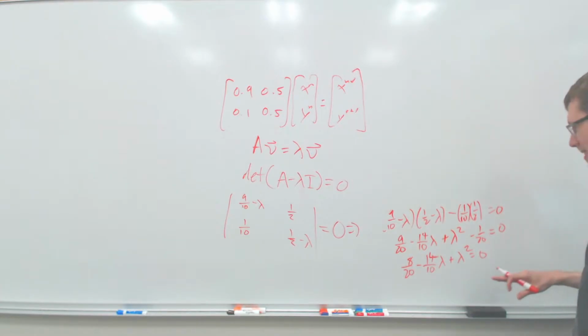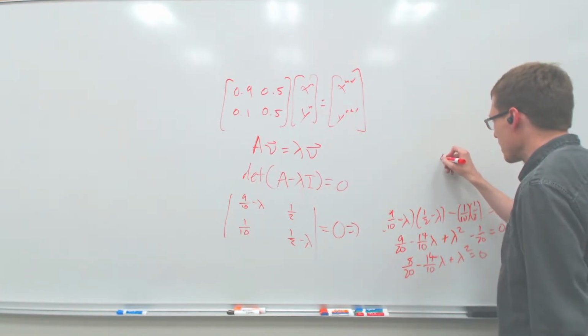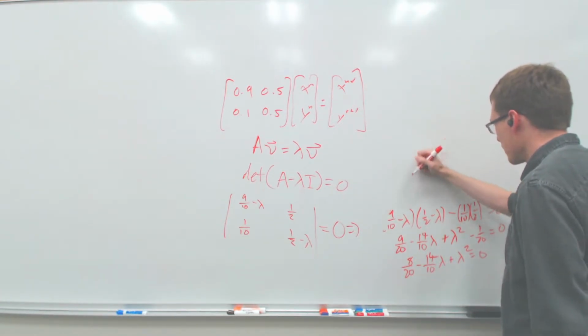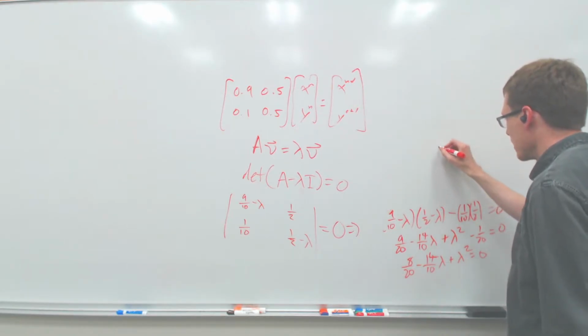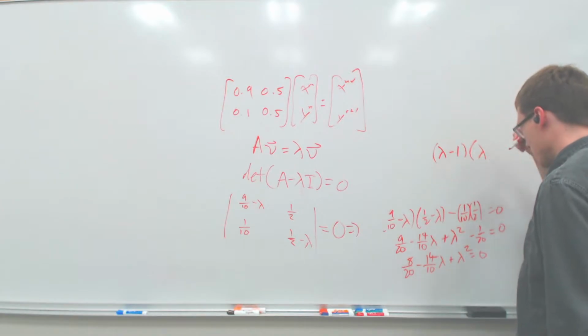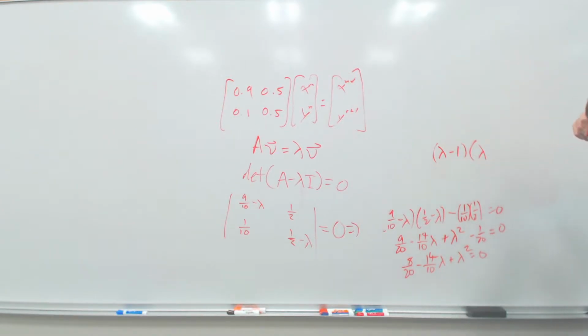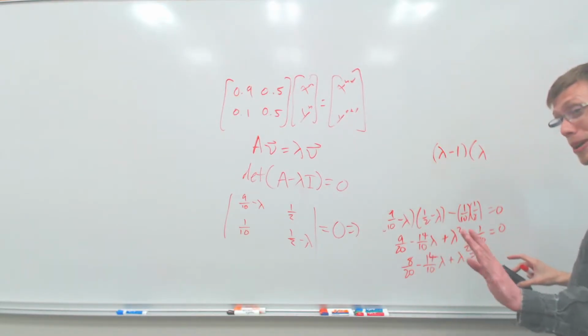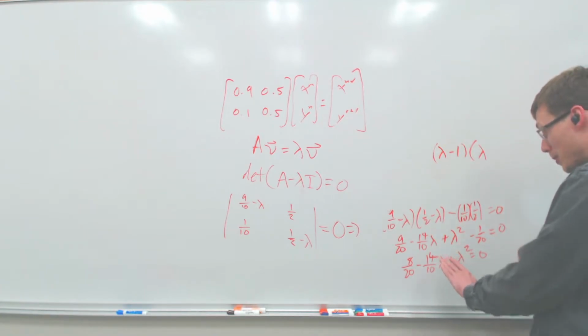It's all right. I believe that lambda minus 1 is supposed to be a solution. Let me see here. So 8/20. We'll see. I'm about to figure out if I made a mistake, so don't spoil it for me.